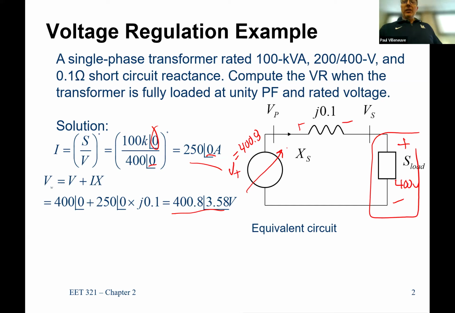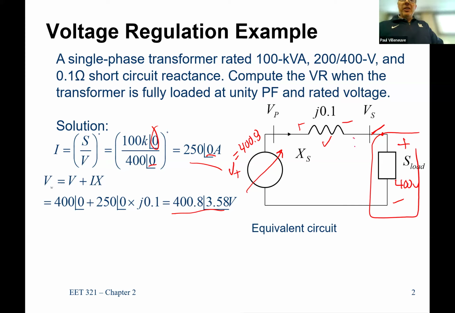What happens when the load trips offline? Let's just say the customer has some sort of a fault condition in their plant and they trip the plant. What happens to the load? Goes to zero, doesn't it? No more current because there's no connection, which means the voltage drop across here now goes to zero.